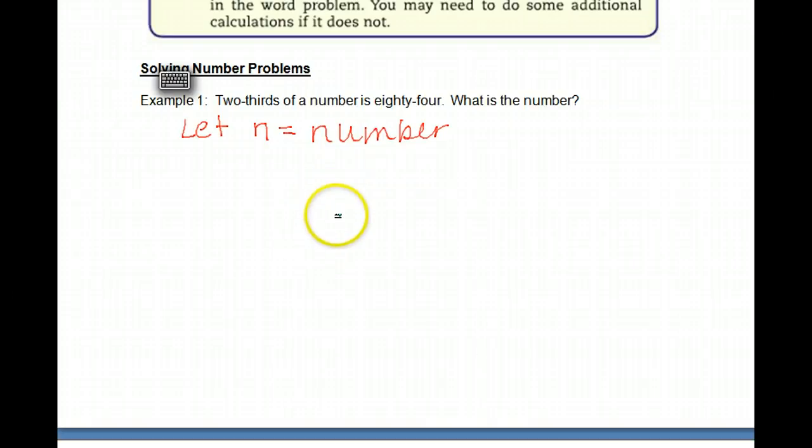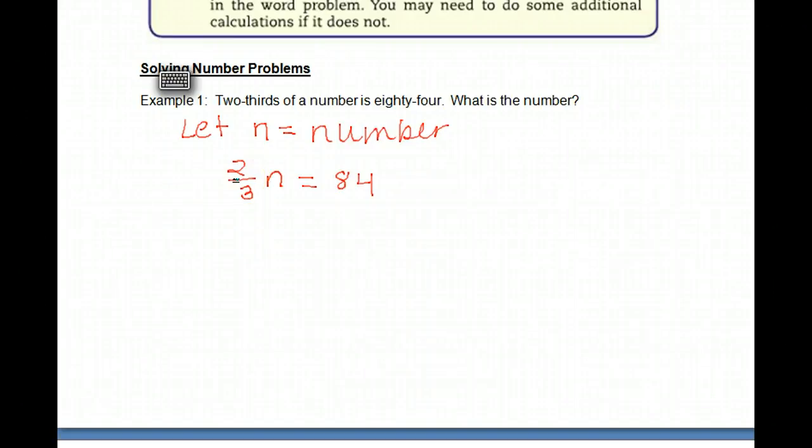So we know that 2/3 of our number, of indicates multiplication, so 2/3 of a number is, indicates equal, 84. We have just written an equation. We're now ready to solve.